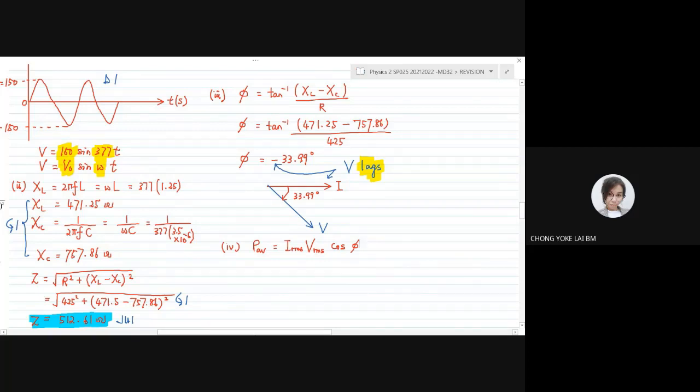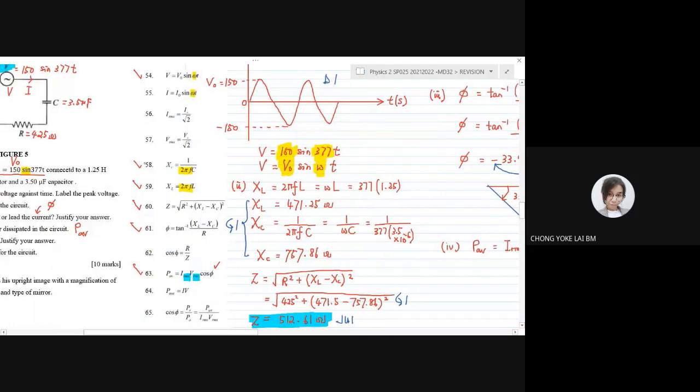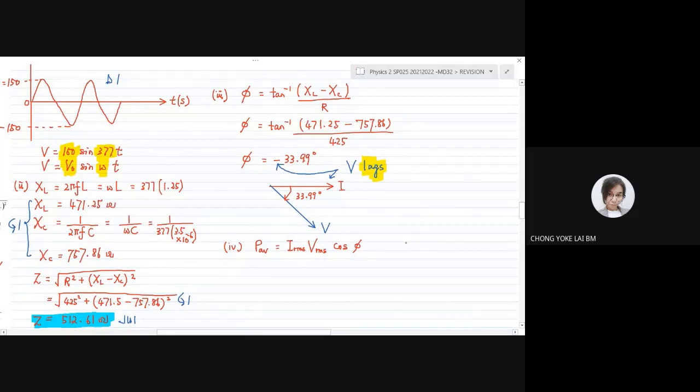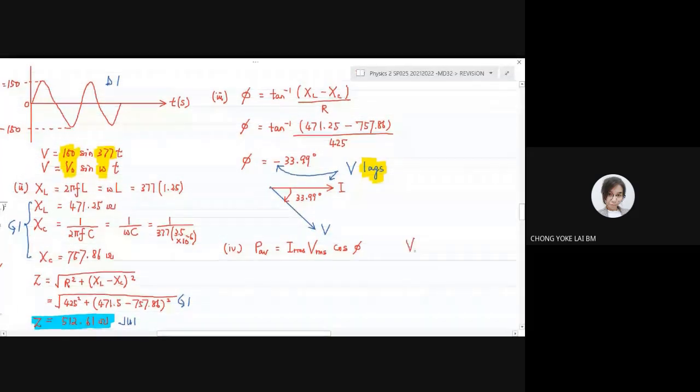So, kita boleh guna equation 57. V RMS is V0 over root 2. So, kalau ada maklumat yang tak tahu menghalang anda dapat jawapan, then you buat kiraan dulu. Dapatkan maklumat tersebut.